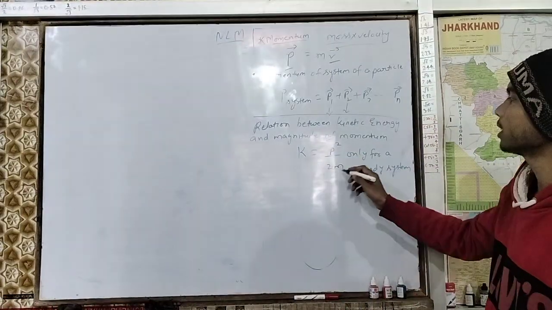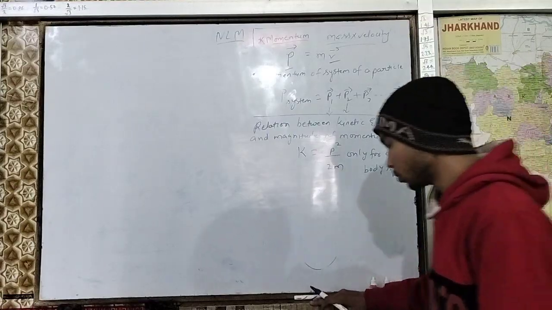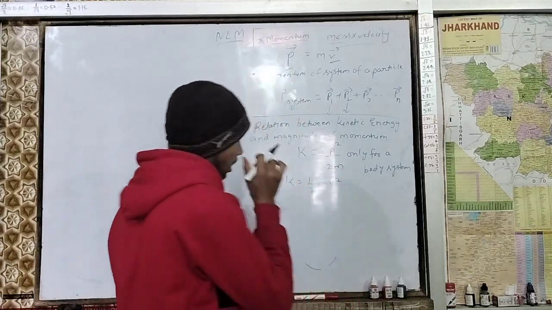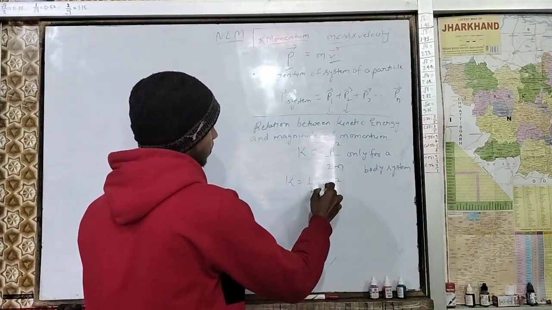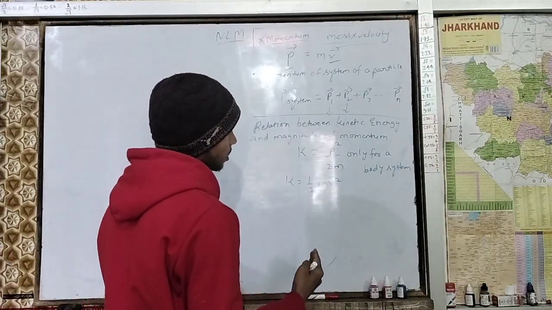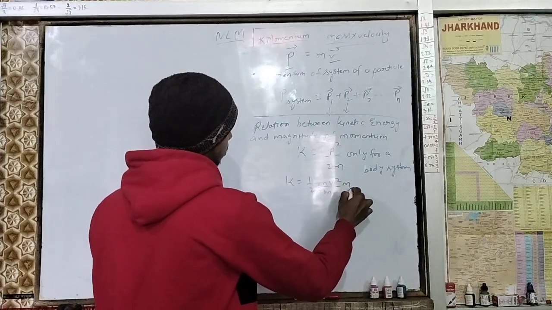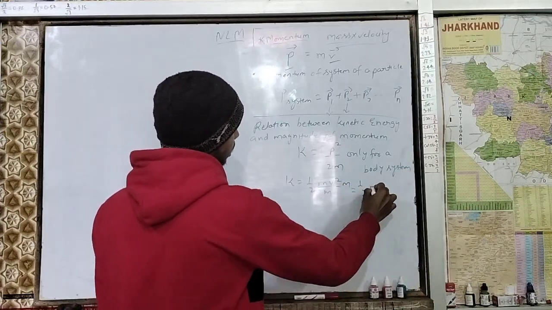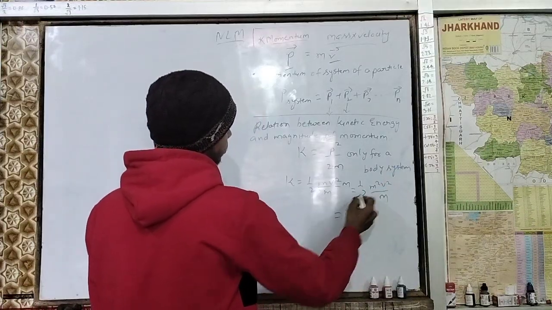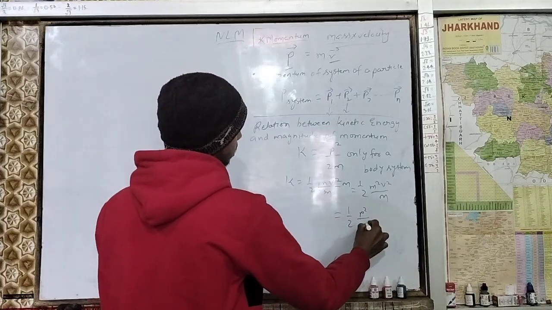Here try to understand how it came. You know K is equal to half mv square. If you multiply m in the numerator as well as in the denominator, it will become 1 by 2 m square v square upon m. Here we have mv squared, which becomes p square upon m.